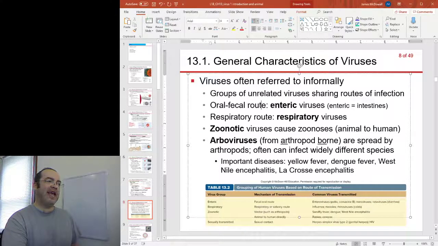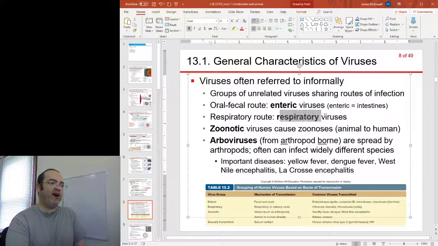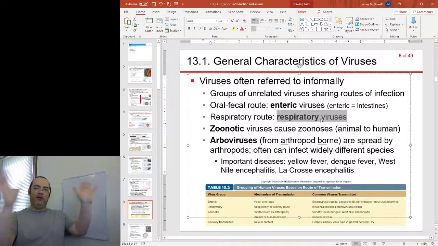So enteric viruses, enteric means the intestines. Typically they are transferred in the oral-fecal route, and that's how they get out of one person and into the digestive tract of the next person or the next animal. Or we might have a respiratory virus. Again, there's a whole lot of different viruses that attack the respiratory system.